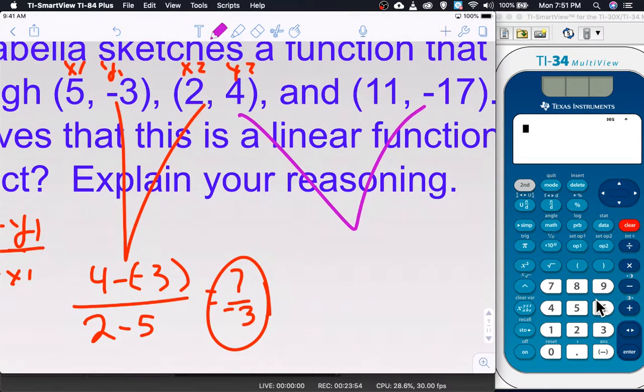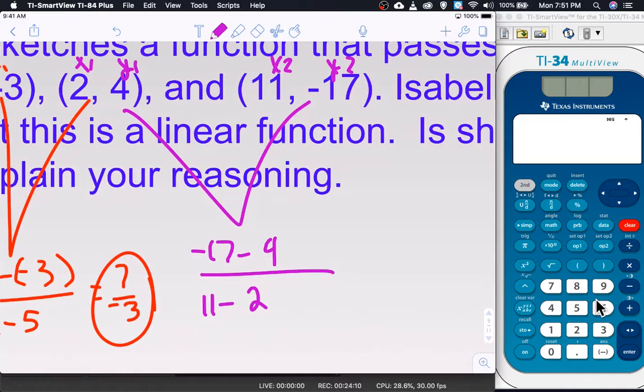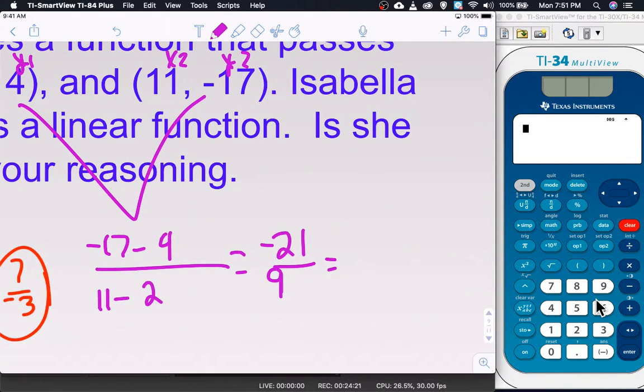From these 2 points, I'm going to use x1, y1, x2, y2, being y2 minus y1 over x2 minus x1, gives us -21 over 9. And that simplifies down to -7 over 3.